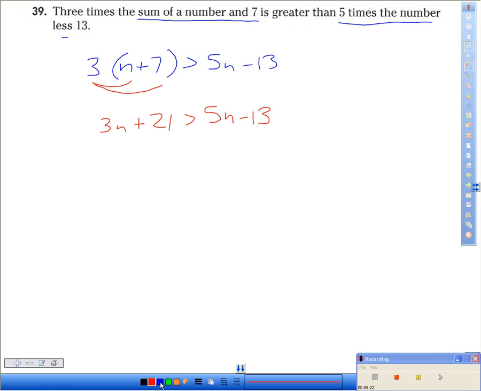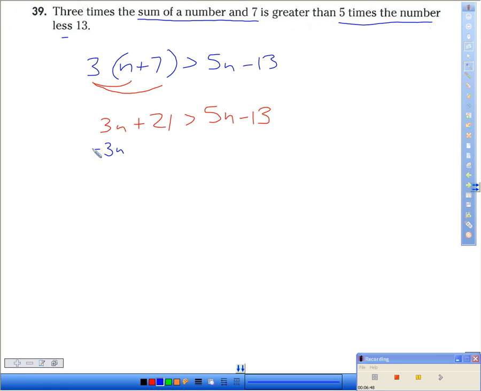At this point, we said that we would combine any terms that are like terms on the left-hand side or the right-hand side. There are no like terms on the left-hand side, and there are no like terms on the right-hand side. So our next step, as we said, if we have a variable term on each side of the equal sign, we need to choose one of those to get rid of. I'll just get rid of the smaller one on the left-hand side.